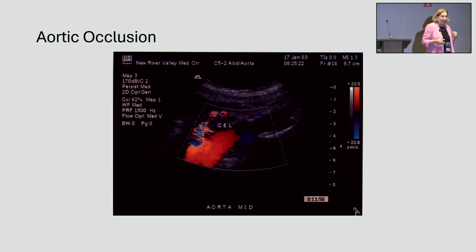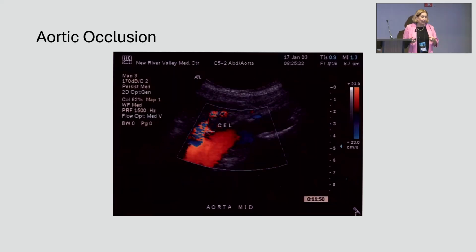This is a very old slide of mine. It comes from about 20 years ago when I was at New River Valley Medical Center, and I saw this huge flow going through the celiac. So I put the probe down, another day, another Doppler, and there's high flow in the celiac. My first plan of attack was to get after that celiac, and there was a lot of high flow.